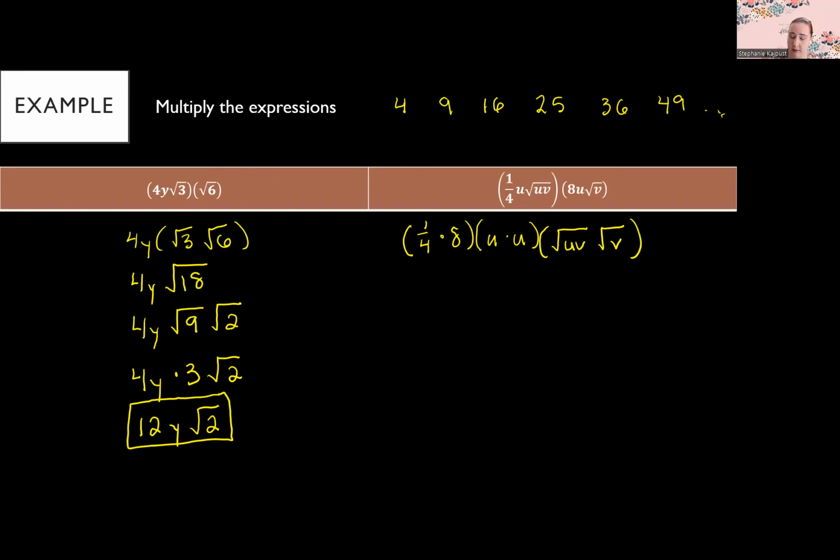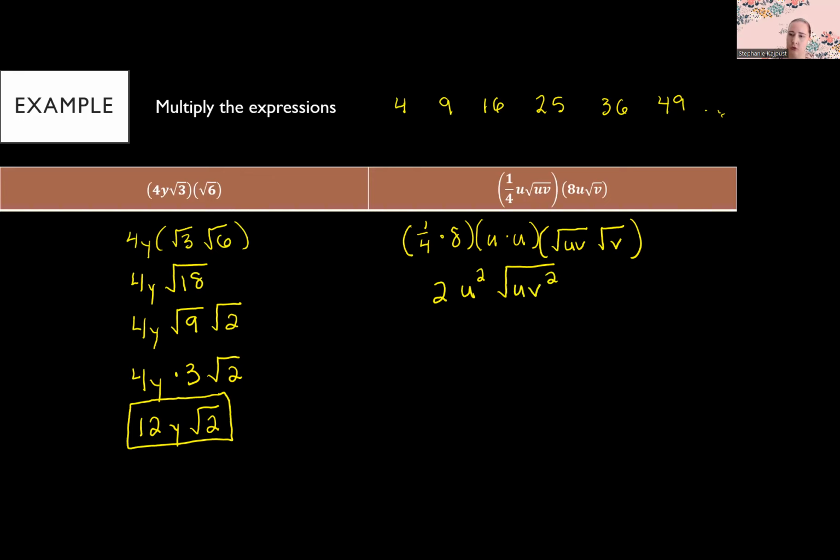So 1/4 times 8 gives you 2. U times U is U squared. And then when I multiply inside the square roots, I have a U V times a V. So the two V's get multiplied together to get a V squared.